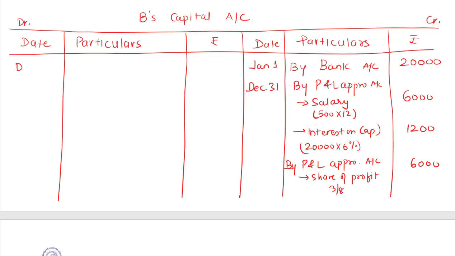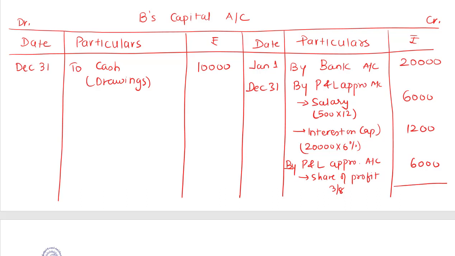On the last day, December 31st, to cash, drawings, 10,000.